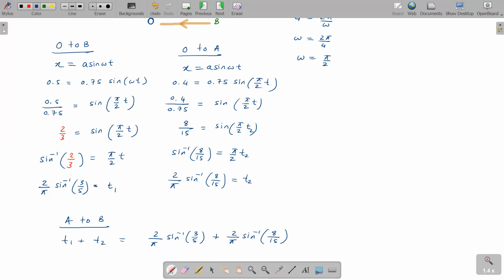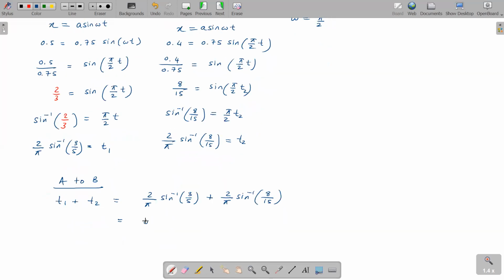So this is the exact figure. You need to type this in the calculator and get the answer. The answer is 0.822, and it goes on.